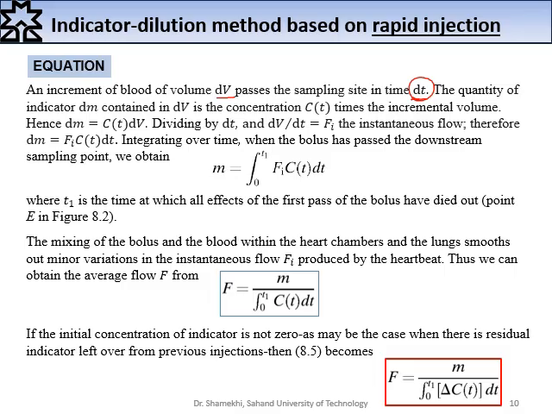The quantity of indicator dm contained in dV is the concentration Ct times dV.